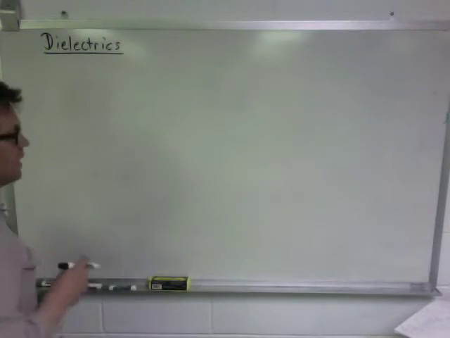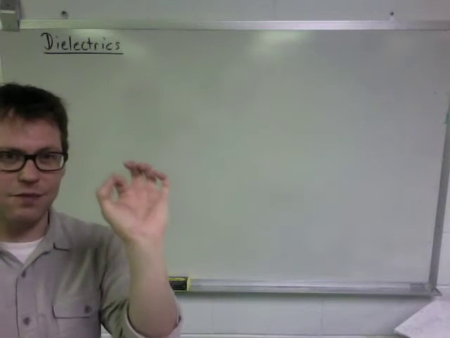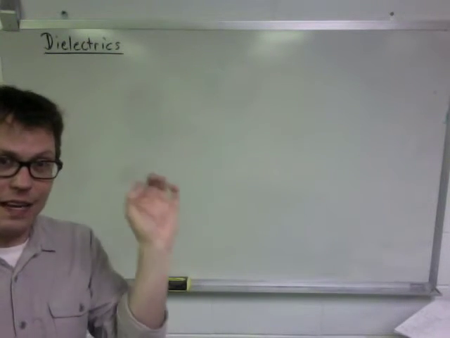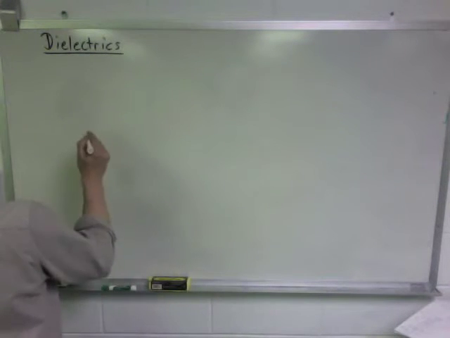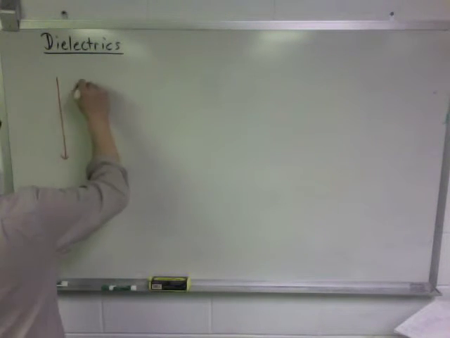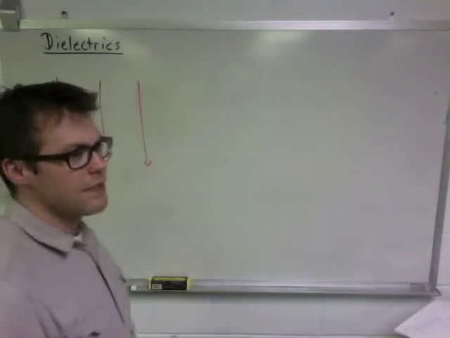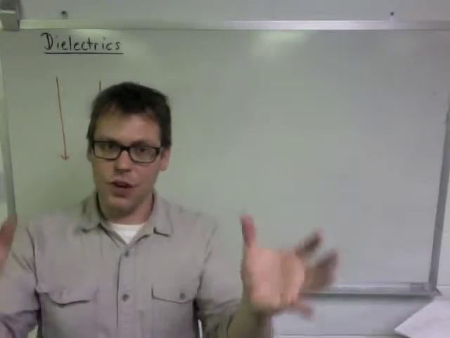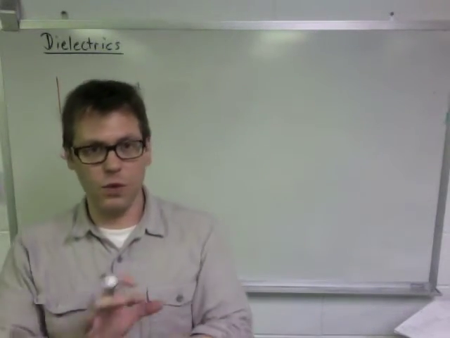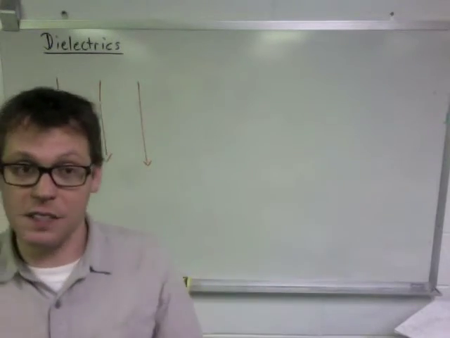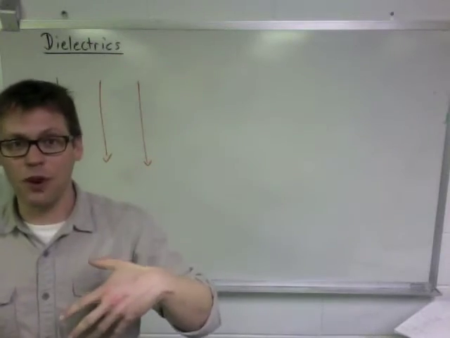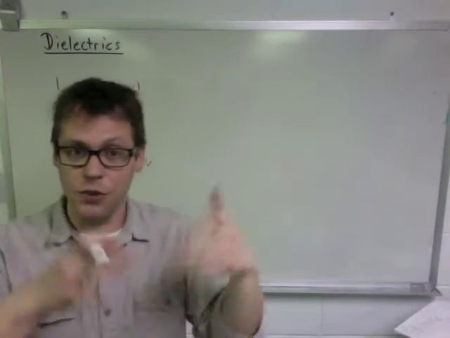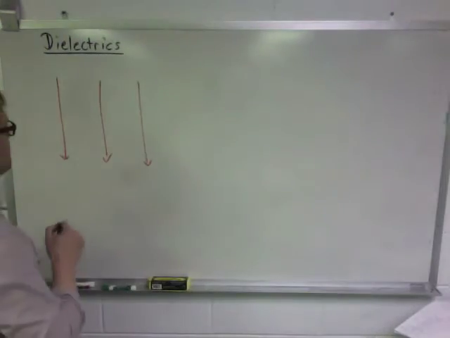In fact, if we zoom all the way down to an individual atom inside of an insulator, in the absence of an electric field, the electron would be spherically symmetric around the nucleus. It would not want to spend any more time on top or on bottom or left or right. It would just sort of uniformly distribute itself.